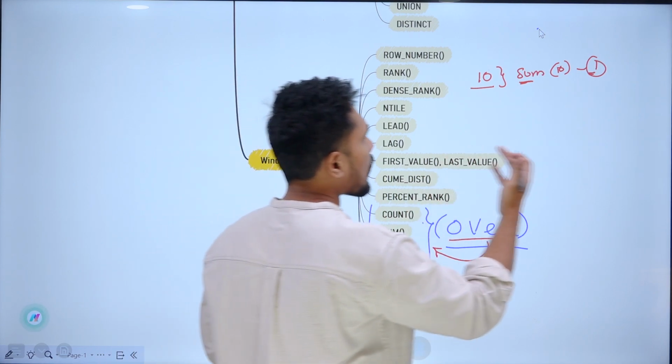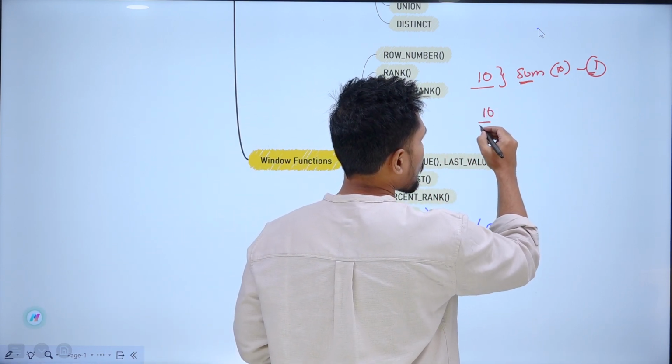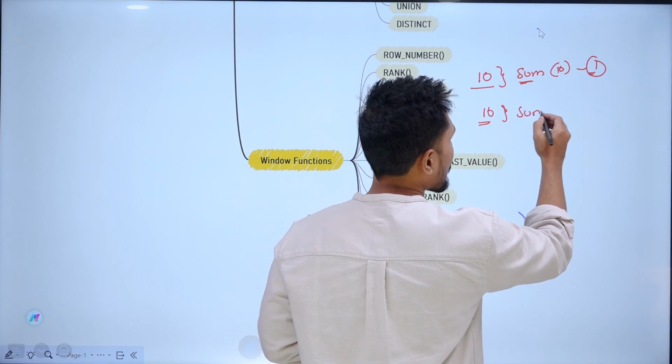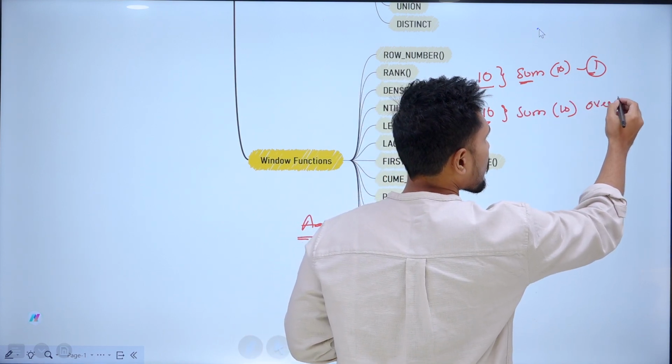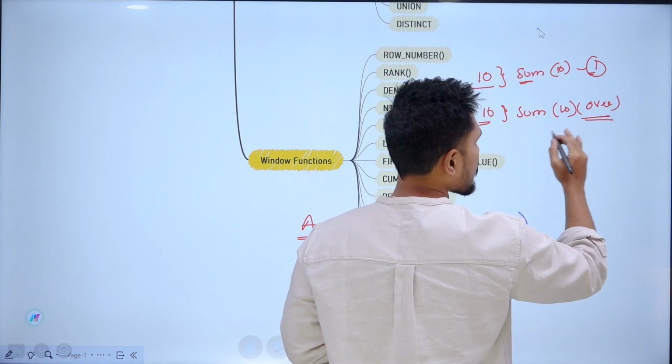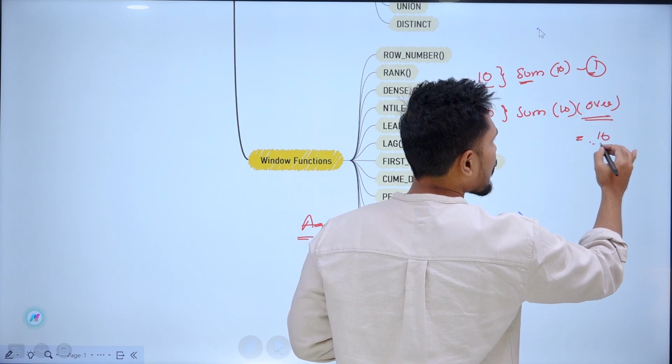Window functions, on the other side: if you give 10 rows and apply sum over those 10 with the help of OVER, we get all 10 output values.